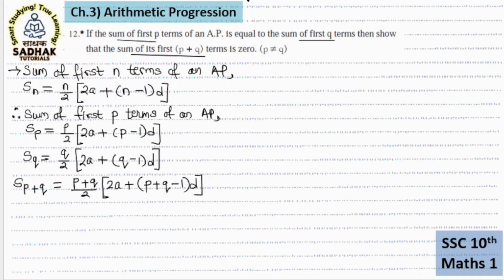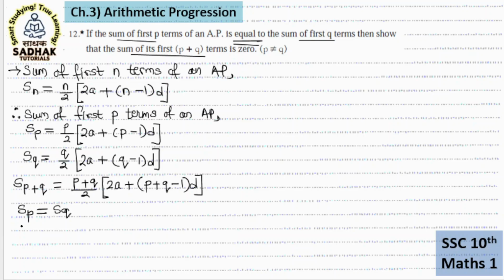Now according to the given condition, they are saying that Sp will be equal to Sq. Okay, that is, the sum of the first p terms will be equal to the sum of first q terms.